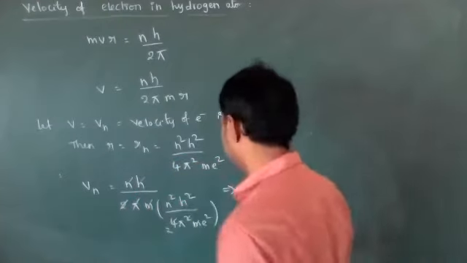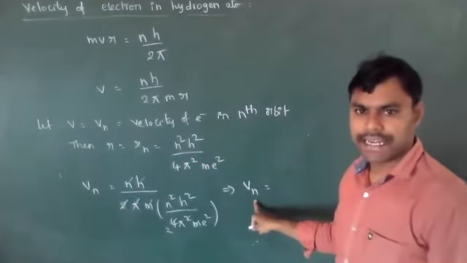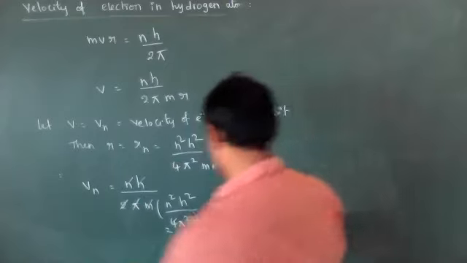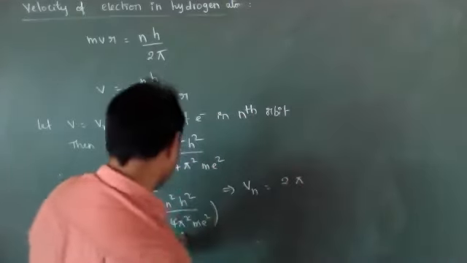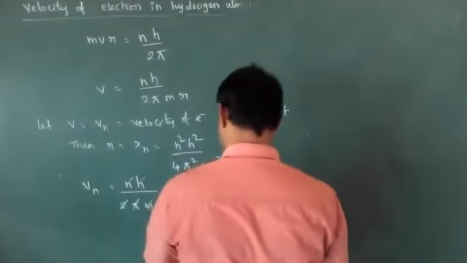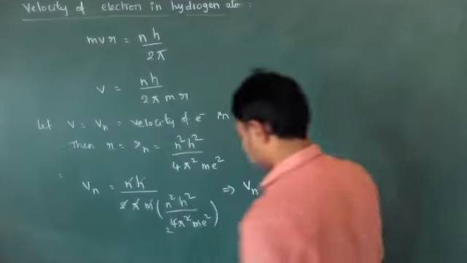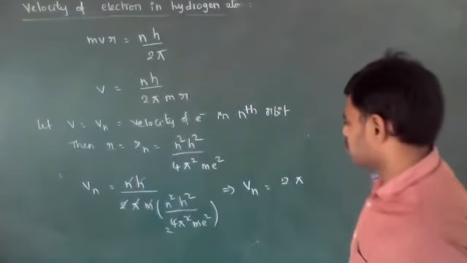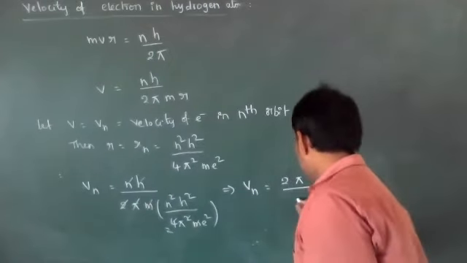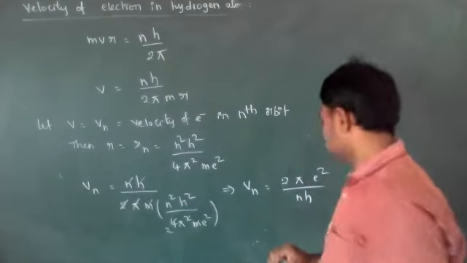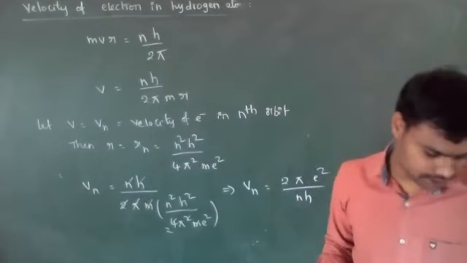The velocity of electron present in nth orbit Vn is equal to 2 pi e square by nh.